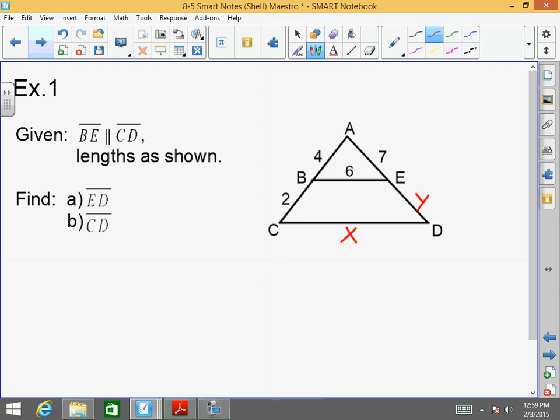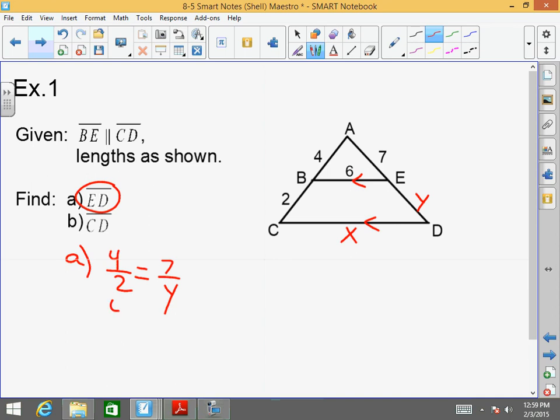If I know that BE is parallel to CD, then I know that in order to find ED, I can set up several proportions here, guys, okay? So please choose the proportions that make sense to you. I'll do a couple of them. I could go 4 to 2 must equal 7 to Y. Has to. There's no other choice.